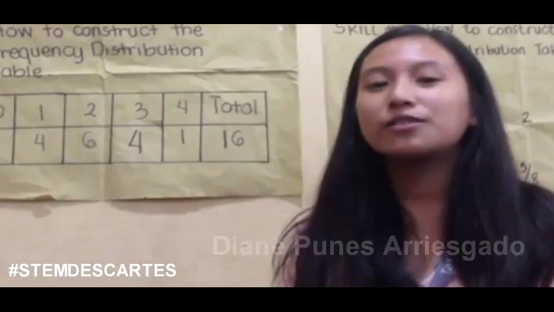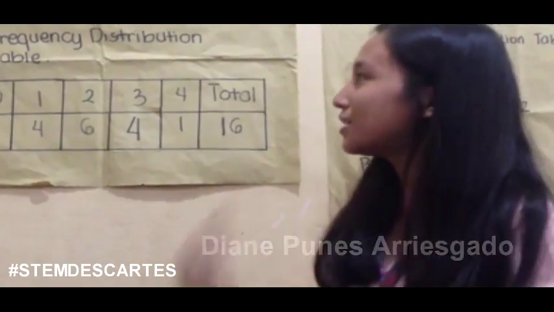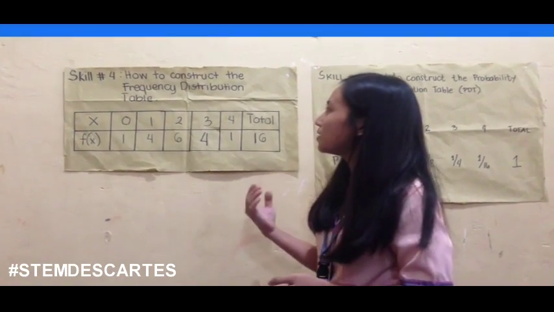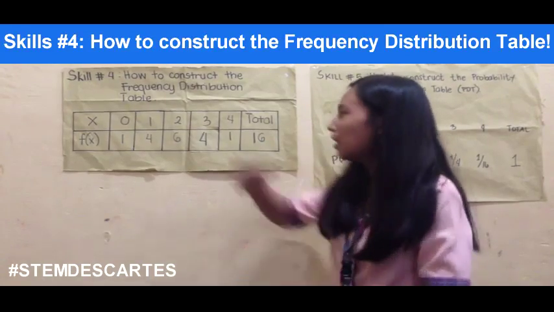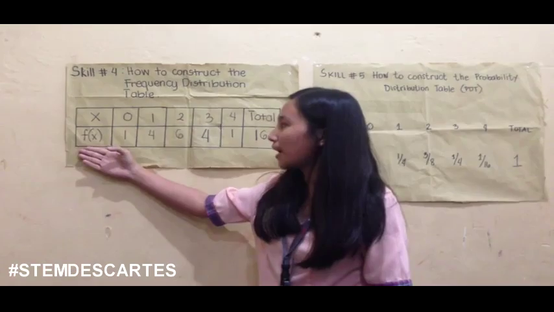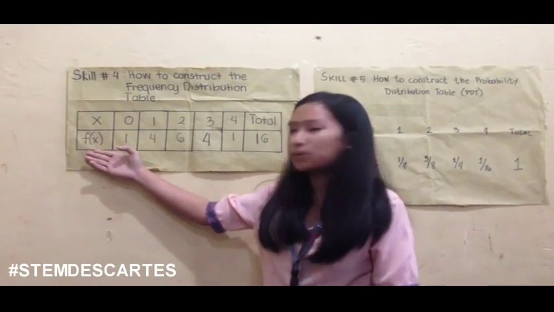After assigning the values of the random variable, let's proceed to skill number 4, which is constructing the frequency distribution table. We let x be the number of heads and f(x) represent the frequency.